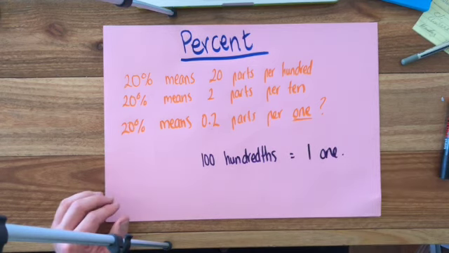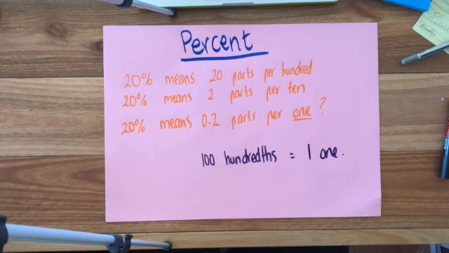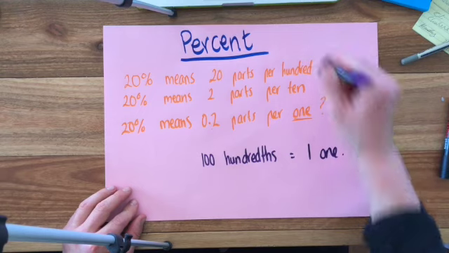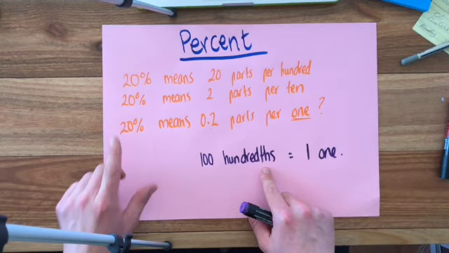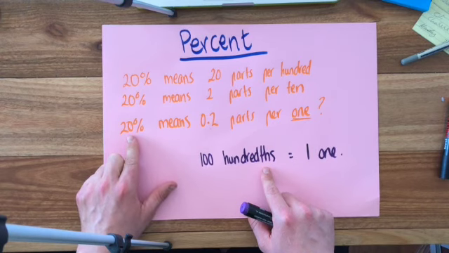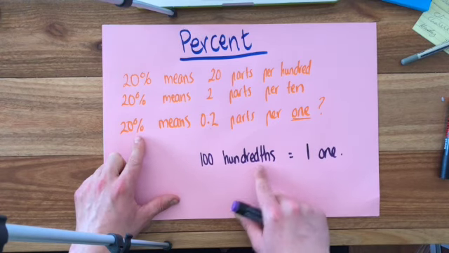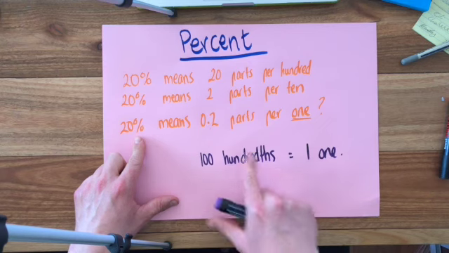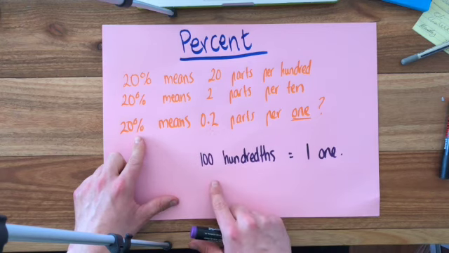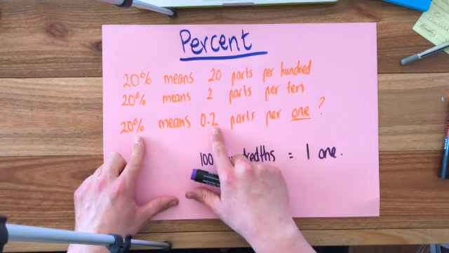So if I had 100 hundredths, I'd have 1 whole. So we've gone all the way back to the beginning again. So if we've got 100 hundredths and I want to find 20% of them, well, 20% means 20 parts per 100, or 20 hundredths, or 20 hundredths is the same as 2 tenths.